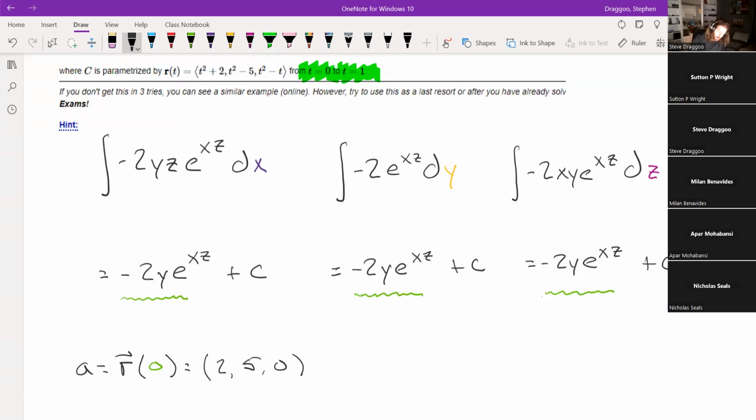For my other point, B, r of 1, plug 1 in for t, and I'm looking at 3, negative 4, 0. And I just realized there's a mistake in the first one. That should have been 2, negative 5, 0. Working a little too fast, I guess.